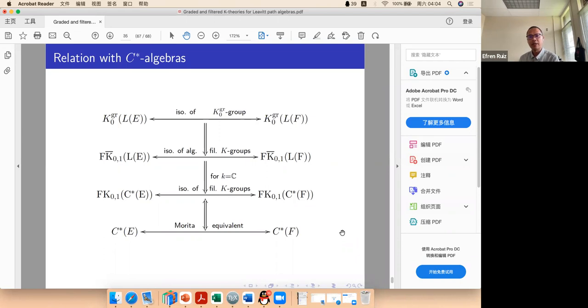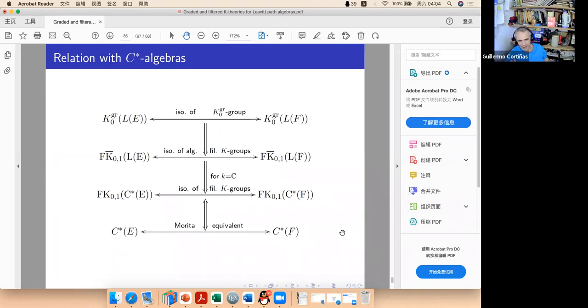Moreover, you would also get that the Leavitt path algebras are Morita equivalent, because shift equivalent shift spaces will give Morita equivalent Leavitt path algebras. So it's something to consider. Okay, so it's related to flow equivalence. For that, I don't know.